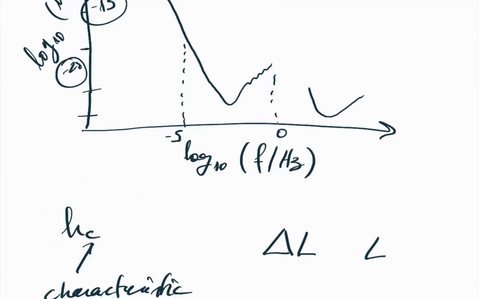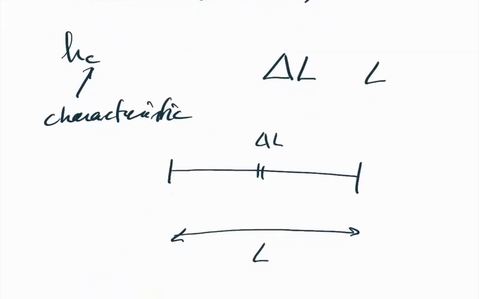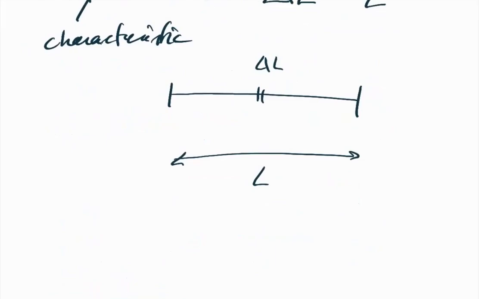So what does this mean? You know that LIGO has been measuring the coalescence of binary black holes and the spiraling of neutron stars. LIGO has a length of what, a few kilometers, 4 kilometers.